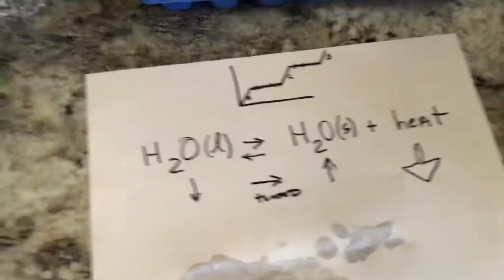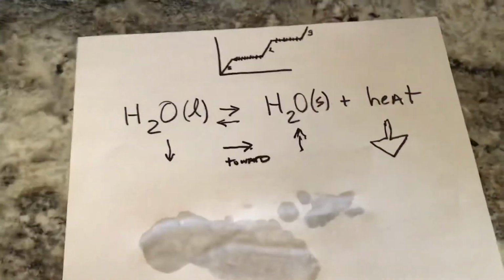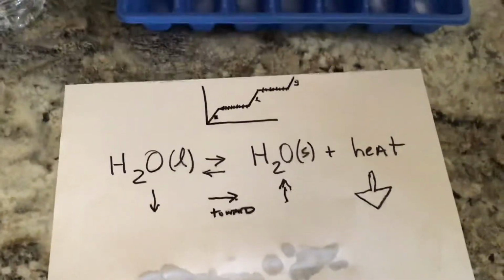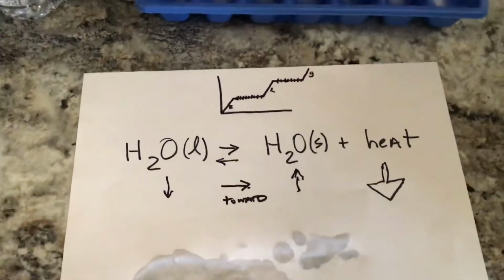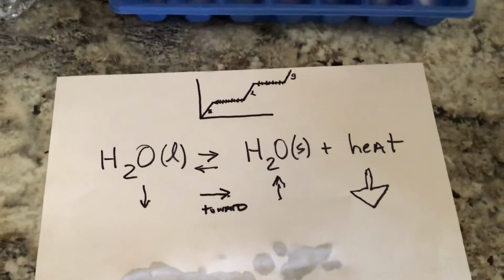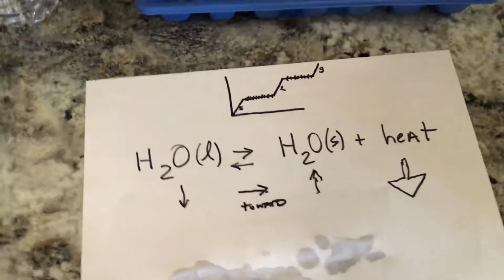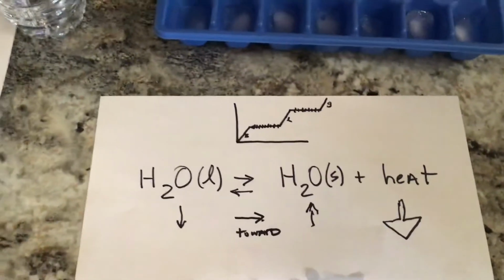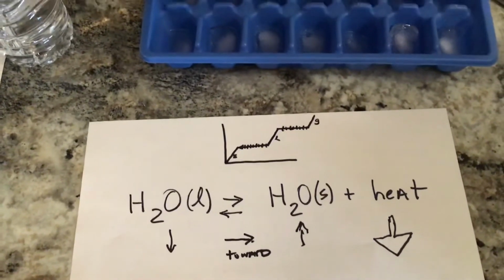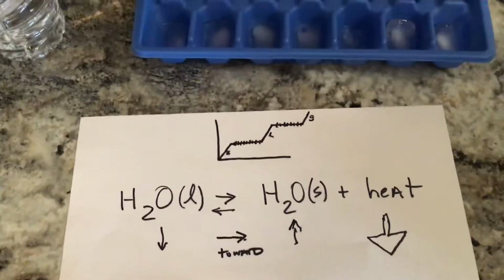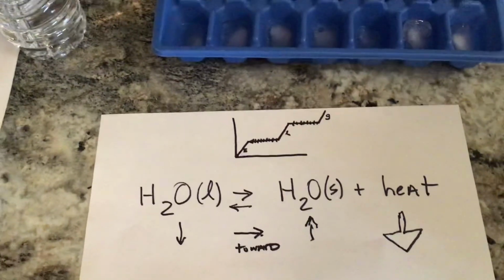In these two examples that we've seen, we've changed the heat. We either moved the heat up or down and witnessed the shift, which is the arrow left-right, and how it behaves. In summary, the shift will always go away from an increase, and it will always go toward a decrease.